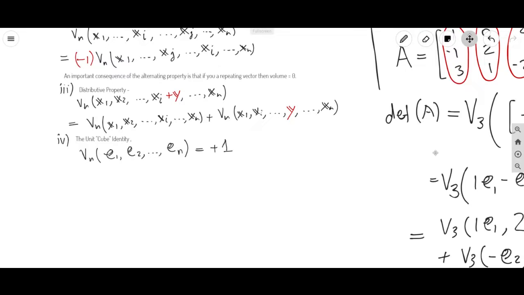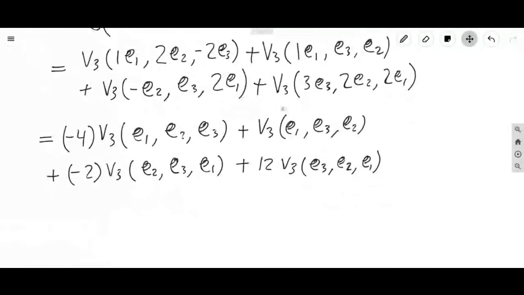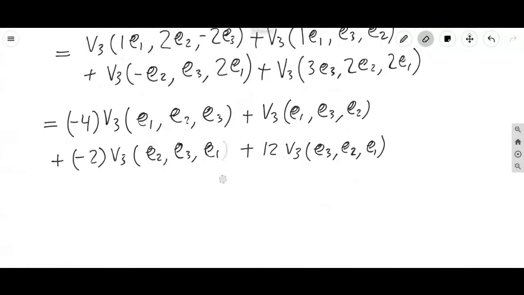But what about the other pieces? Well, the other pieces depend on the order in which they're written, because the order in which you write it changes the orientation. So all of these will either be plus or minus 1. So the remaining terms, let me just make a comment over here. These remaining terms are all either plus 1 or minus 1, depending on their orientation.